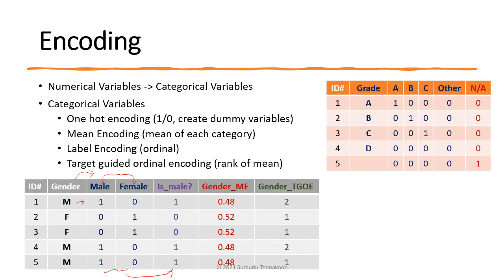The other encoding scheme we can use is called mean encoding. Instead of putting 1 and 0, we can focus on the column in the red font. The gender mean encoded value is the mean value of your male. Say in your data set 48% of people are male and 52% are female.